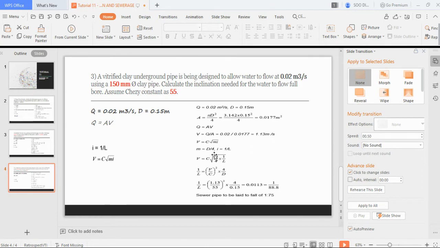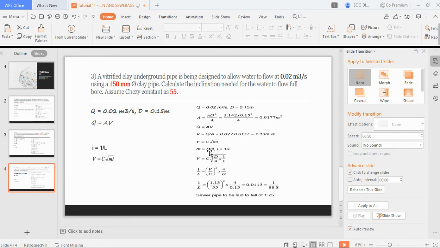M will always be m equals to d over 4, only in the case where your pipe is circular. If your pipe is not circular, then you have to use the formula to find out what your m is. But if the pipe is circular, you don't have to calculate it.